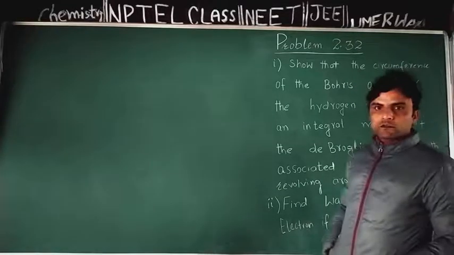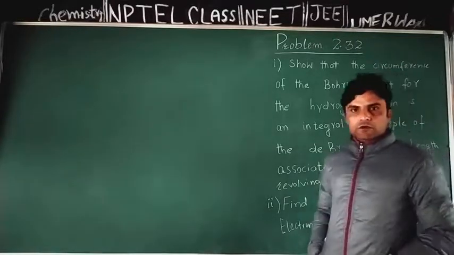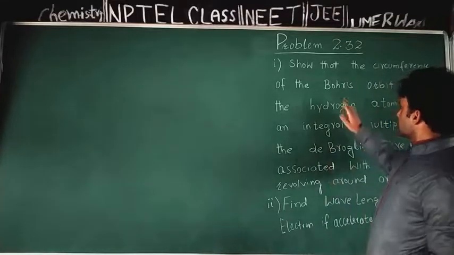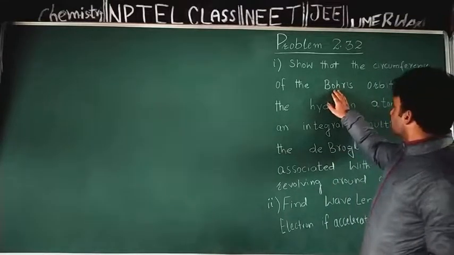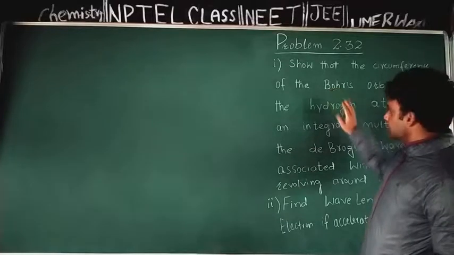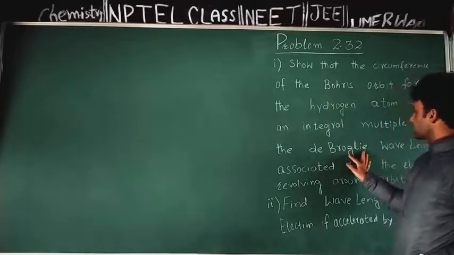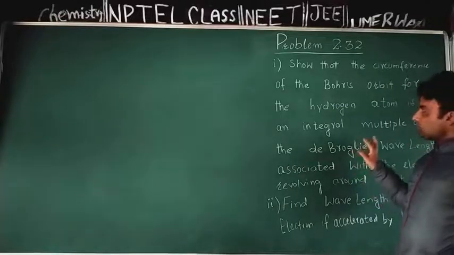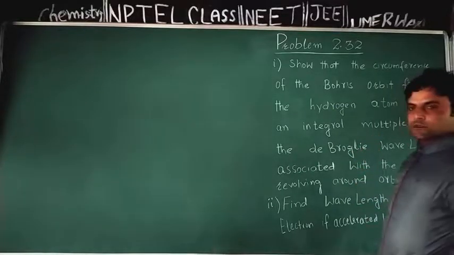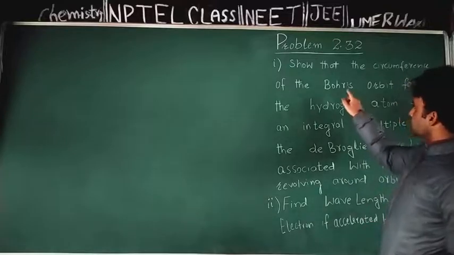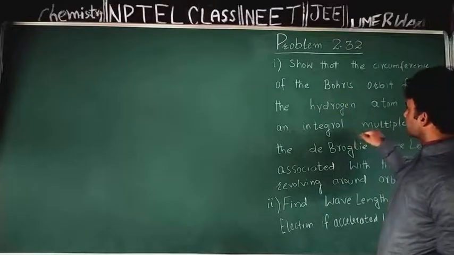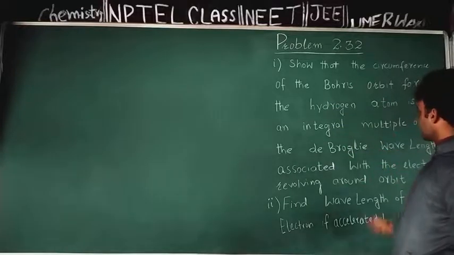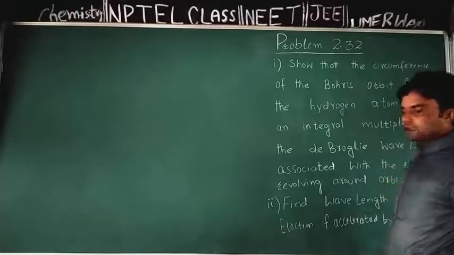After reading the part first, I got to know that the problem is based on two concepts. Number one concept is Bohr's model of hydrogen atom, and number second concept is de Broglie's wave nature of electron. Now we have to show that circumference of Bohr's orbit of hydrogen atom is integral multiple of de Broglie wavelength associated with the electron revolving around the orbit.